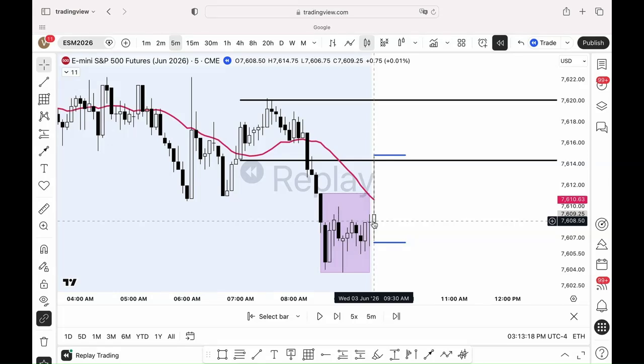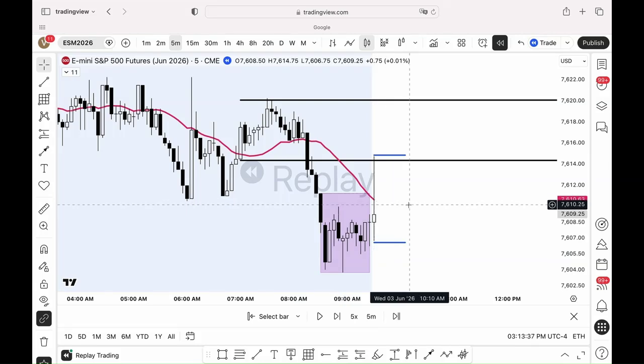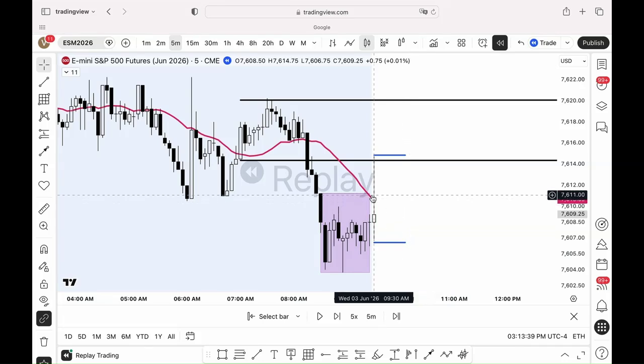First, price must interact with the 21 simple moving average, which is here in red. As you can see, this 5-minute candle sweeps that 21 moving average. What it also does is sweep one side of that 8 a.m. range.